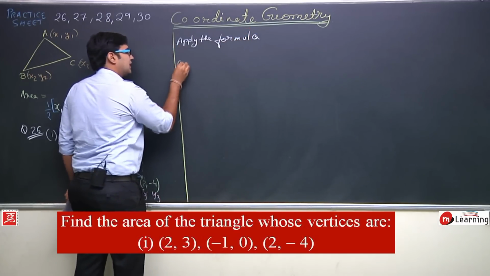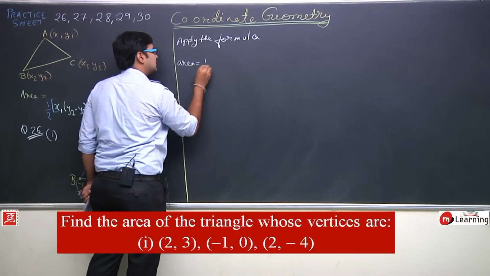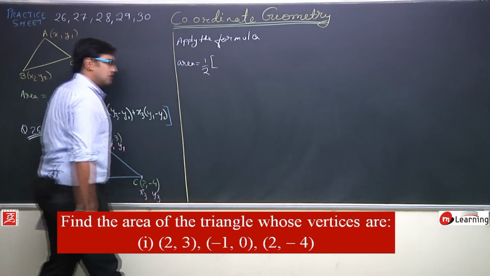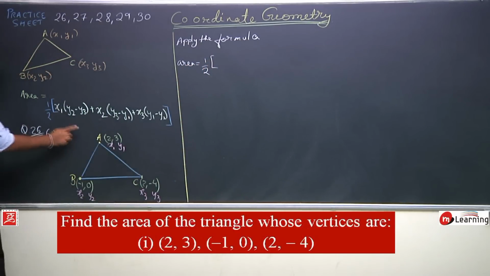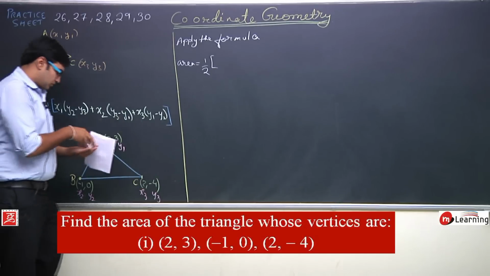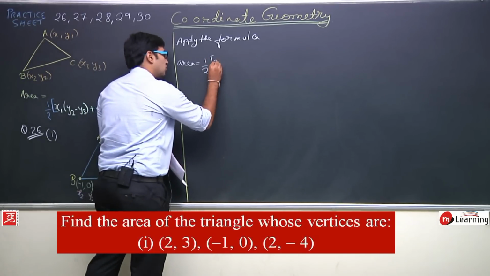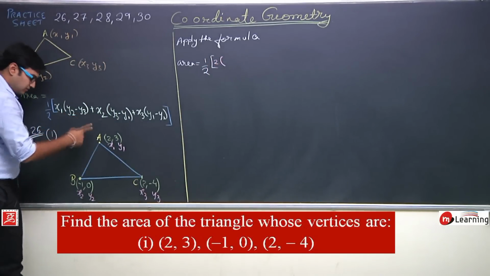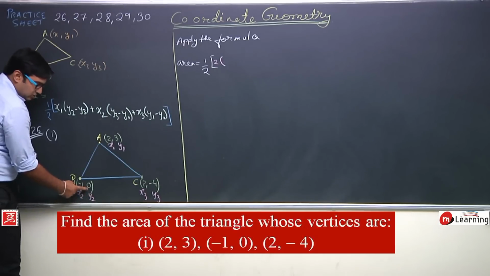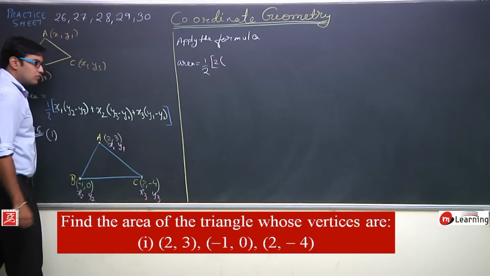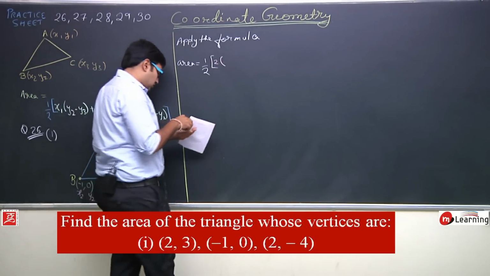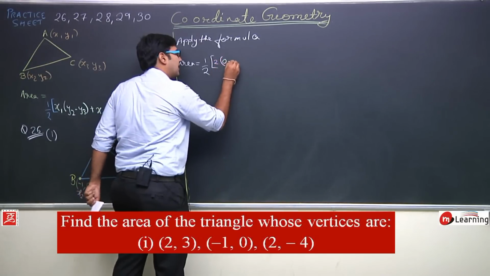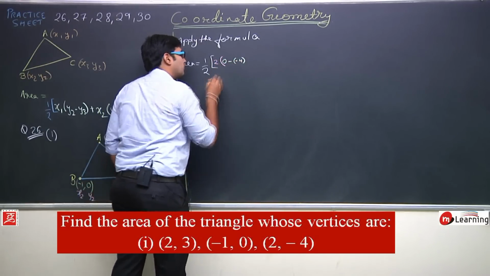Now area is equal to what? It is half of the bracket, first it is x1. So what is x1? x1 is 2. So this is 2 times the bracket y2 minus y3. What is y2? y2 is 0 and y3 is minus 4. So it will be 0 minus of minus 4.